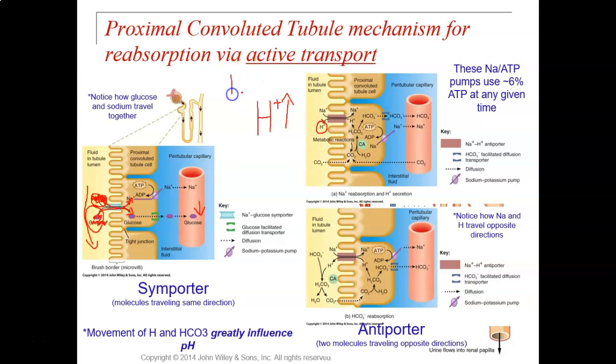Meaning, over that scale of 1 to 14, 7 being neutral, acidic is that way. So, for instance, the level of hydrogen ions in a fluid that has a pH of 2 is significantly higher than in a fluid which has a pH of 6. So that's how we can regulate blood pH.